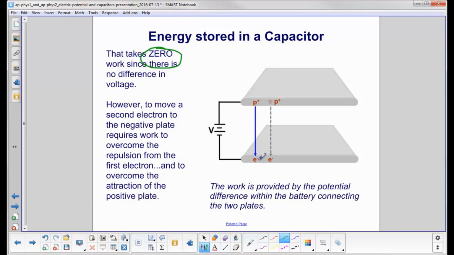However, once this first electron is here, if I want to move another electron, this electron is going to feel a repulsive force from the electron already there. So you need work to overcome that repulsion. That work is provided by the battery. This will provide the energy you need to move the next electron to overcome the repulsion of the first one.